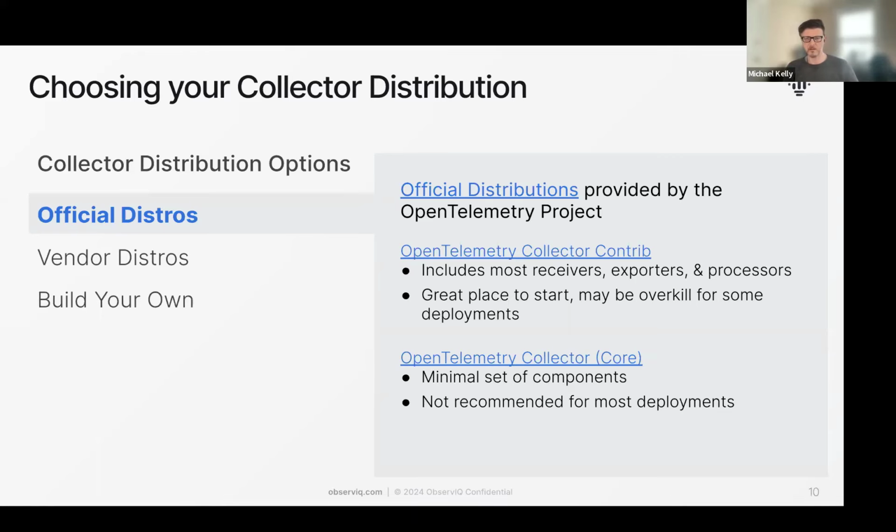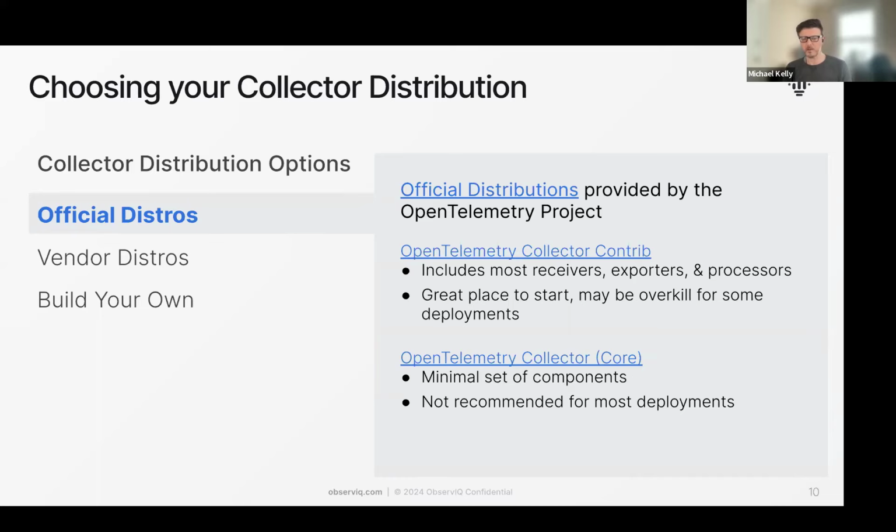So the metric receivers, the exporters for different destinations, and the processing is all built into the contrib collector. This we think is a great place to start. It can be overkill for some deployments if it's really critical that it's slimmed down to just the minimal collector, but we find in almost all cases that this can be used out of the box.